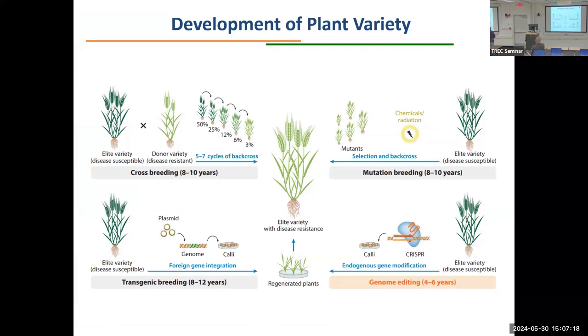Similar with mutation breeding, again it takes 8 to 10 years to develop a new variety, whereas transgenic breeding takes a bit longer time, more than 12 years. And with gene editing technology, it is possible to develop a variety in less than 6 years. So that is the power of the gene editing technology. The gene editing technology using CRISPR-Cas9 is a very powerful technology to develop new plant varieties.